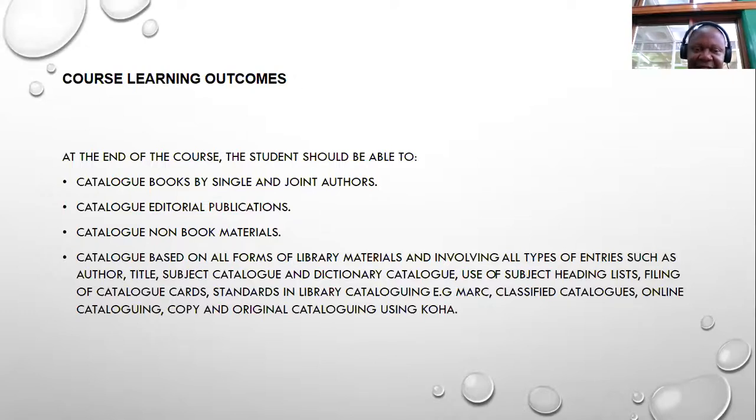This is cataloging or document cataloging 2, which builds on document cataloging 1. Then we shall catalog editorial publications. We shall notice that when we start cataloging 4 authors and editorial publications, a number of things change.